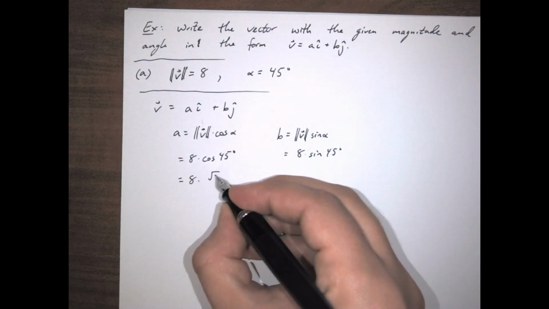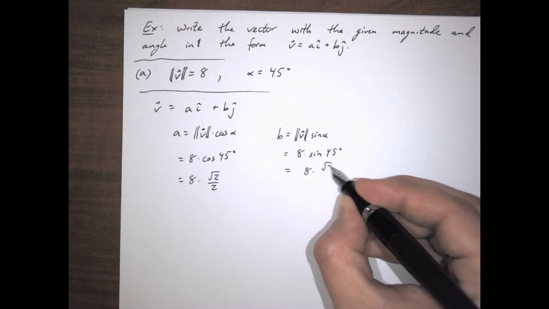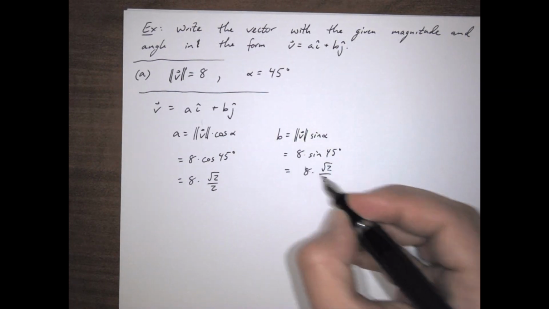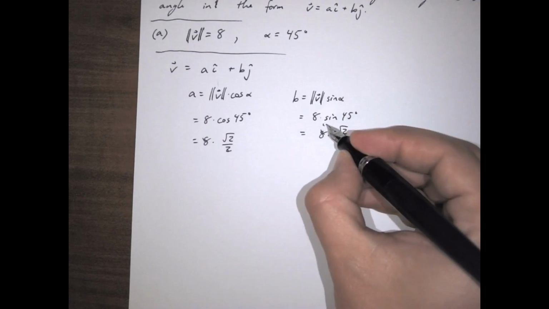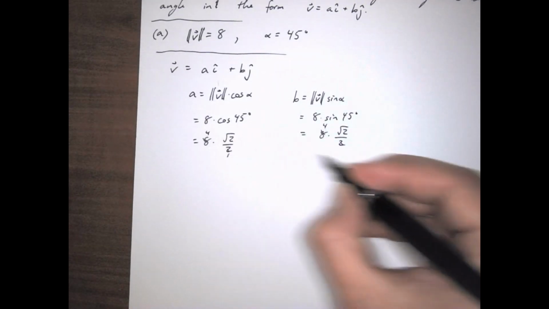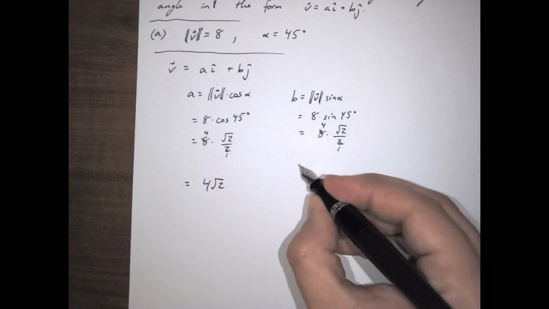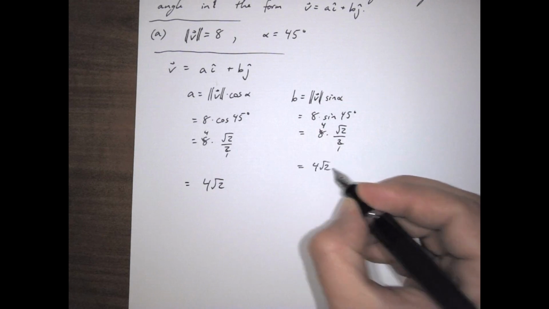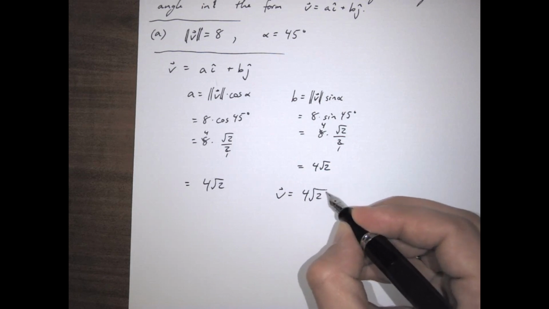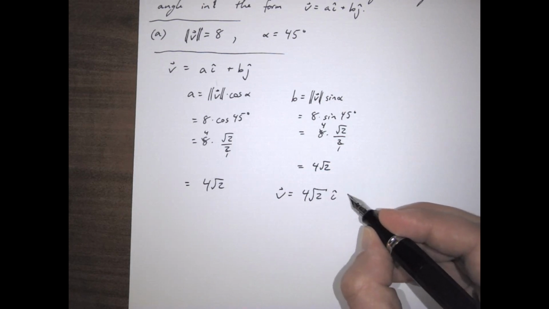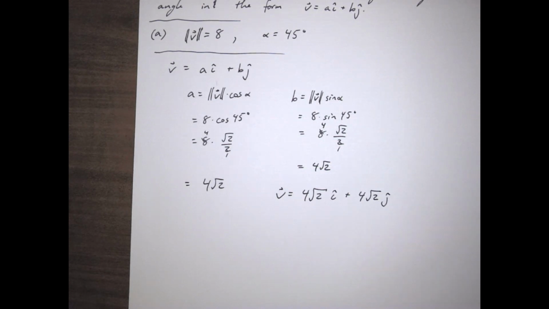It is root 2 over 2. And both of these can be reduced in exactly the same way. They cancel a little bit there and there. And it makes a 4 and a 4, 1 and a 1. And that just gives us 4 root 2 and 4 root 2. So then V equals 4 root 2 i plus 4 root 2 j.